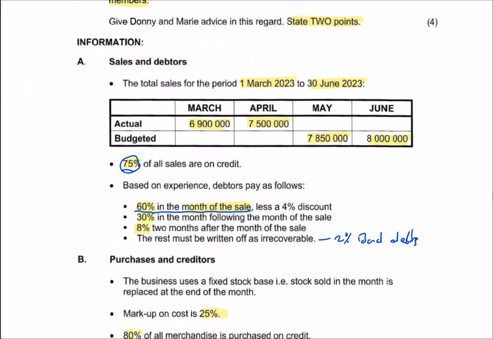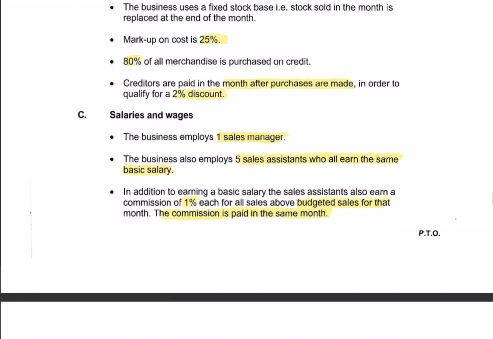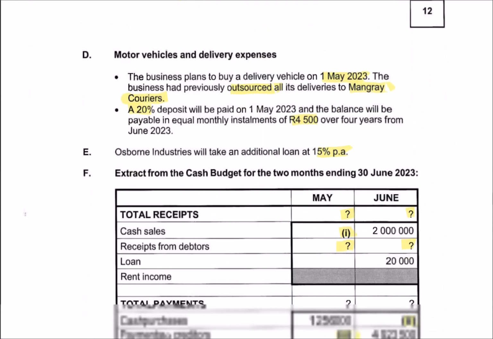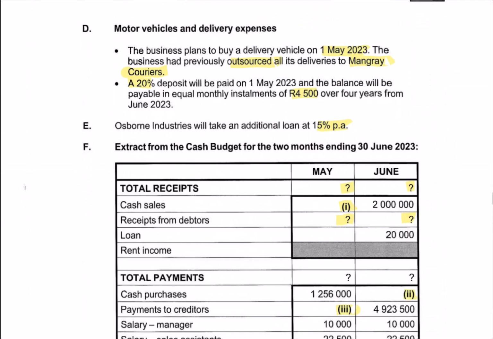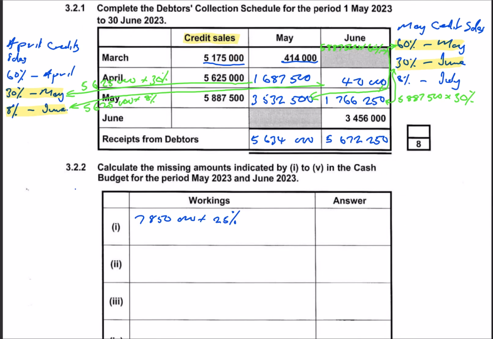And when we come to our question, 1 is cash sales in May, right? So that will be given by 7,850,000 times 25%. That's 1,962,500.